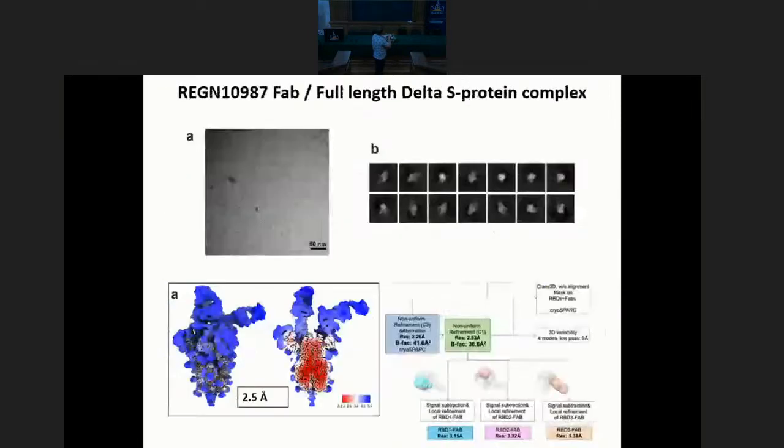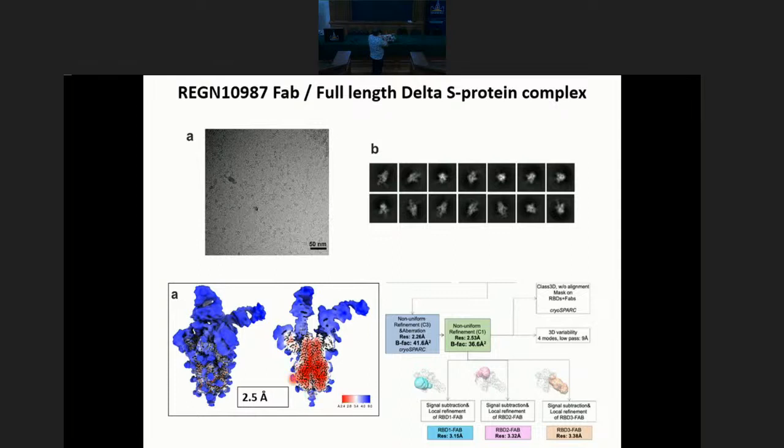21. So they tried to determine the structure of the spike protein. They used the delta variant of spike protein and the Fab fragment from this commercial antibody, but this was not commercial; it was prepared in the lab by recombinant expression. And they obtained a structure with good overall resolution, approximately 2.5 angstrom, but this resolution was good only in the S2 part of the spike protein.